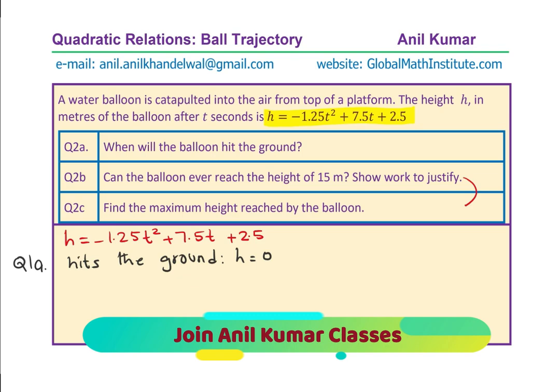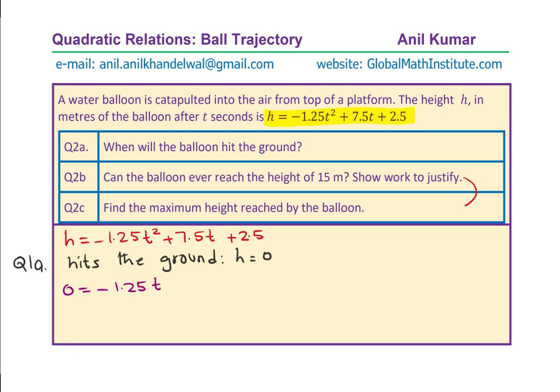So we can equate 0 equals minus 1.25 t squared plus 7.5 t plus 2.5, correct? And then find what t is using the quadratic formula. You get the idea, right? So that is straightforward. You can use the quadratic formula.